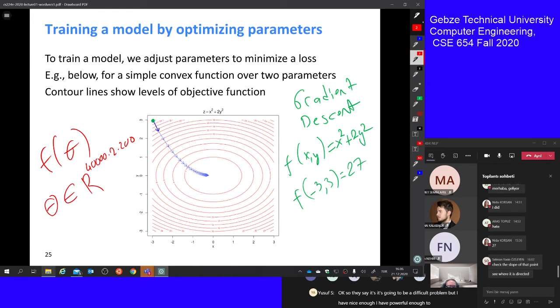Gradient descent works in 1 dimension, 2 dimensions, or 16 million dimensions, as long as you behave in a smart way. So that's what we are going to do.